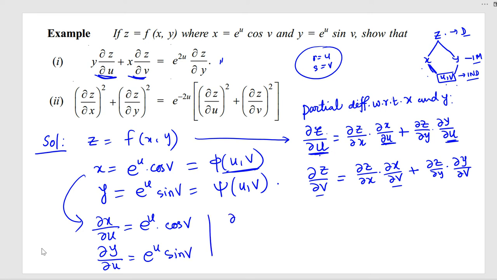Similarly, del x del v is minus e to the power u sine v. And for del y del v, this would be e to the power u cosine v. In place of cosine, now we will have sine, and in place of sine, we will have cosine.